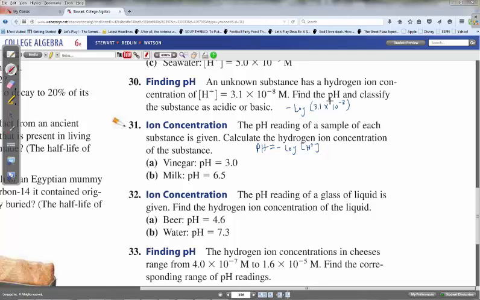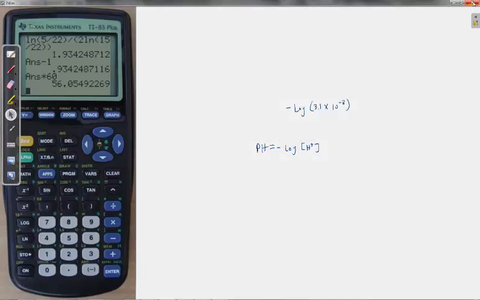Well, if you do the work on that, our calculator, well, might as well, it's right there. Negative base 10 log of 3.1 times 10 to the negative 8.